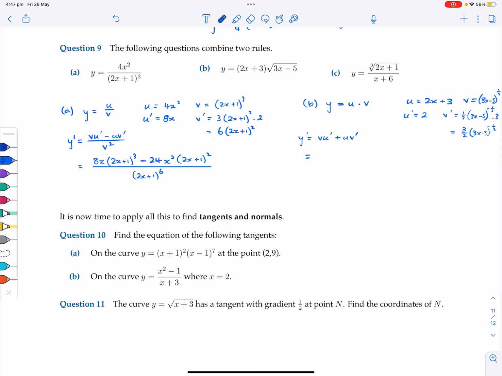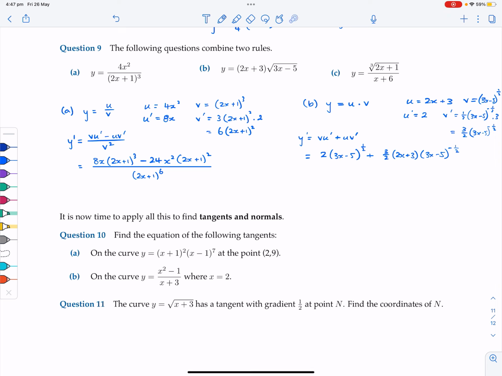Okay, VU dash, so that one's easy. So 2 lots of 3x minus 5 to the power of half plus UV dash, so I've got 3 over 2, then I'm going to chuck in the u, so 2x plus 3, and then put in the 3x minus 5 to the negative half.